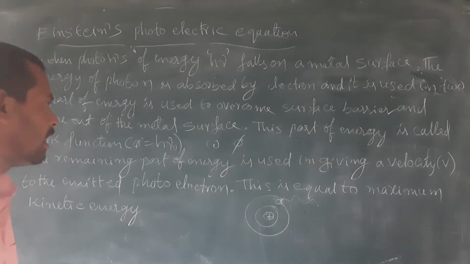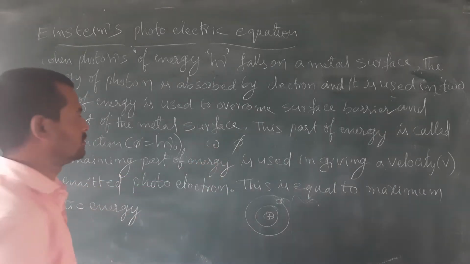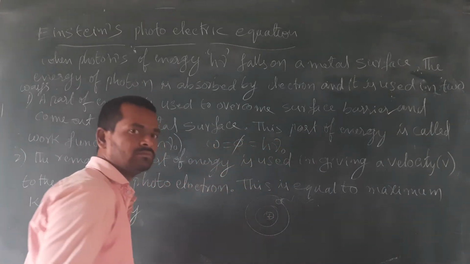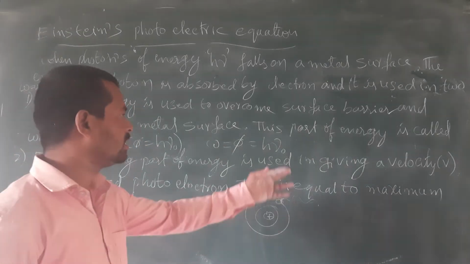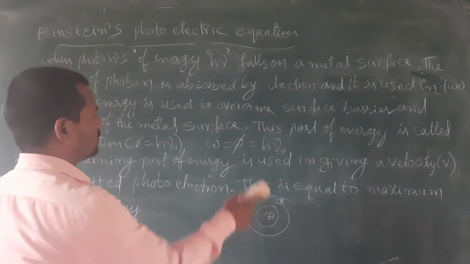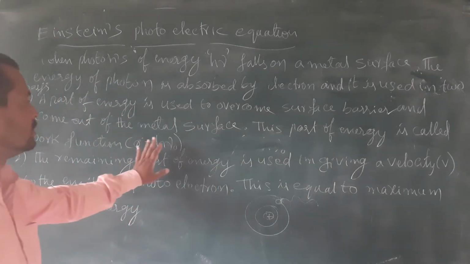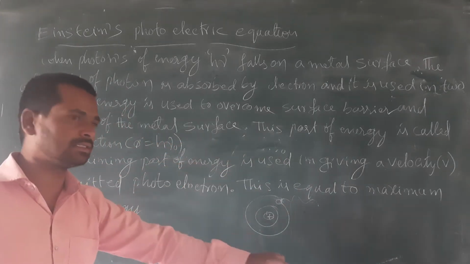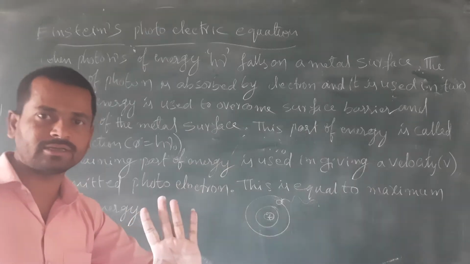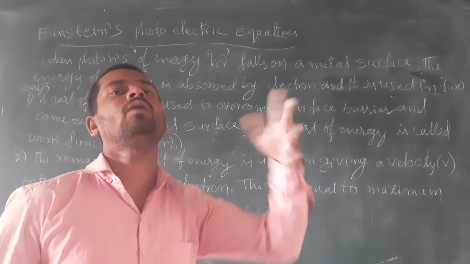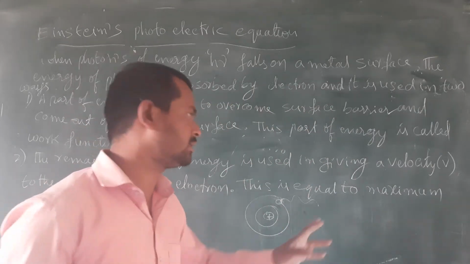Either W or phi, work function, right? And it is equal to h nu naught. So the first part of energy is called the work function. It brings one electron outside from the atom, right?